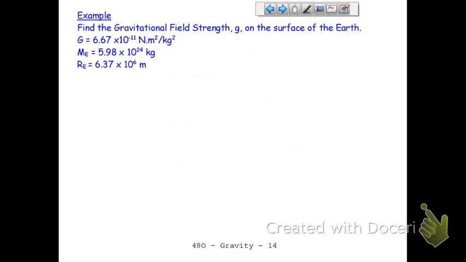Find the gravitational field strength G on the surface of the Earth. This is kind of interesting. So here we have the surface of the Earth, and there's my point. What do I know? I know that G is equal to big G times the mass of the Earth over the separation squared.